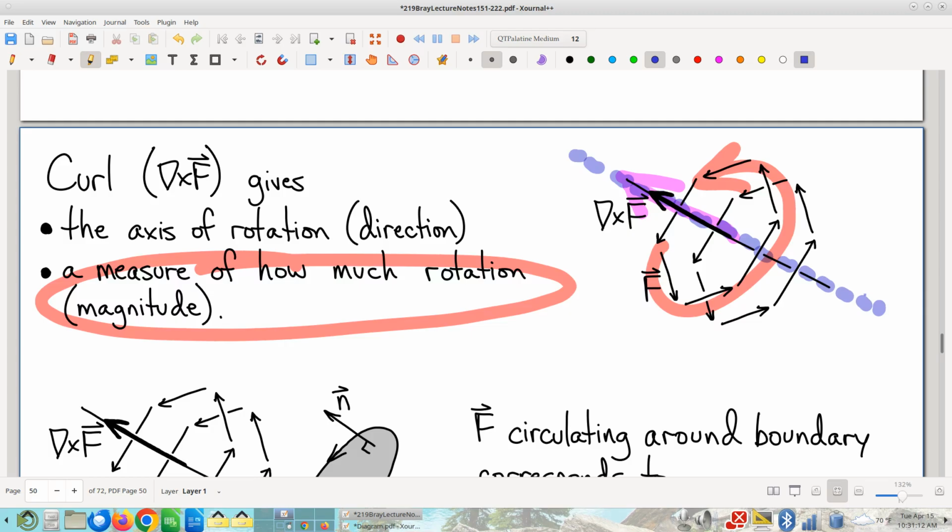So, for example, this is around a horizontal axis. This is also around a horizontal axis, but a different horizontal axis. This kind of a rotation. And then there's something like this, which is around a vertical axis. And then, of course, in general, it might be around any arbitrary axis. The direction that the curl points tells you the direction that that axis points. Is that cool?